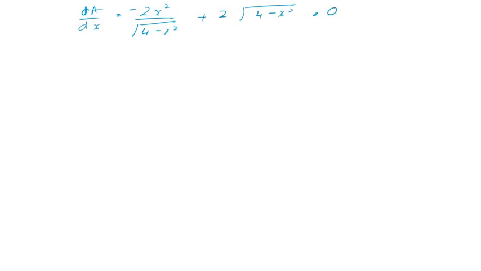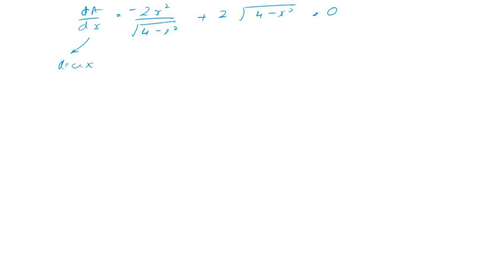This is equal to 0. So to find the extremum, we have to make this equal to 0. They want the largest value, so to maximize this, we have to do a max.